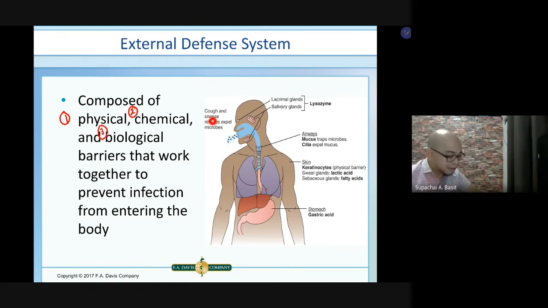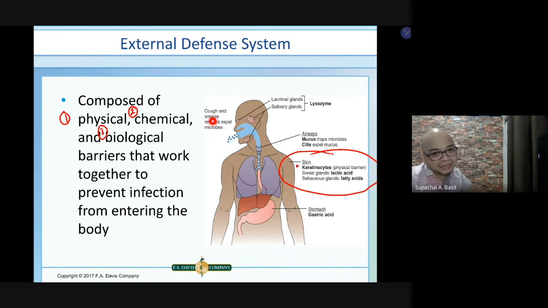When you say physical barrier, this refers to the skin. Particularly, we have keratinocytes.